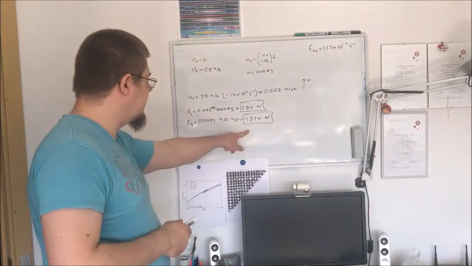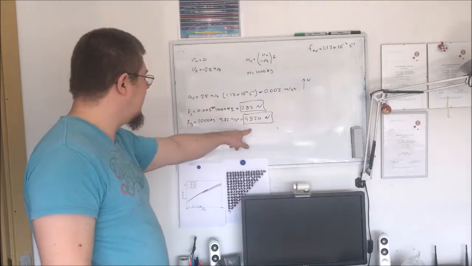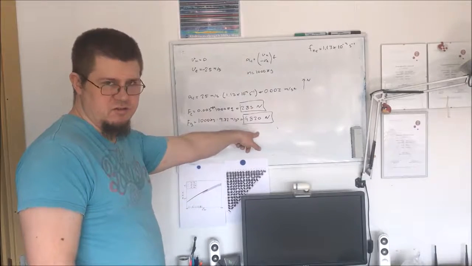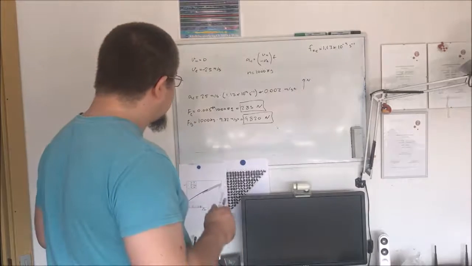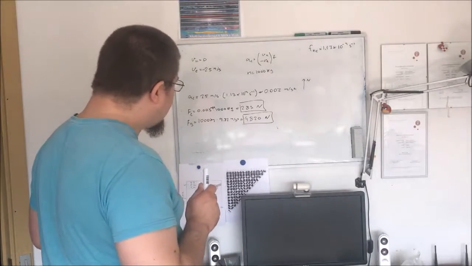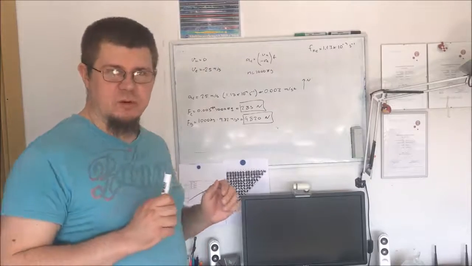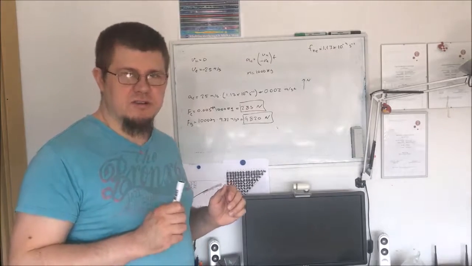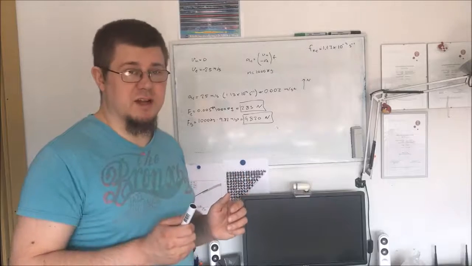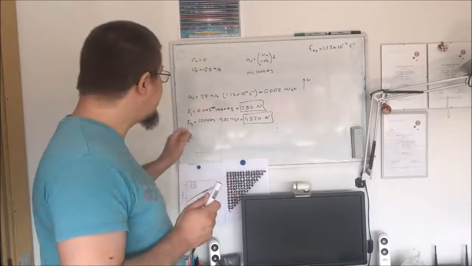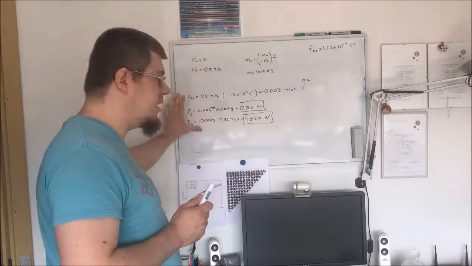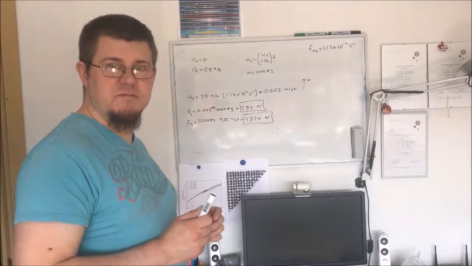The force of gravity on my car is 9,820 newtons. There is, I would argue, no possible way in this world that the Coriolis force, when I'm driving in my car or flying in an airplane, would have a significant impact on the direction of neither one of them.